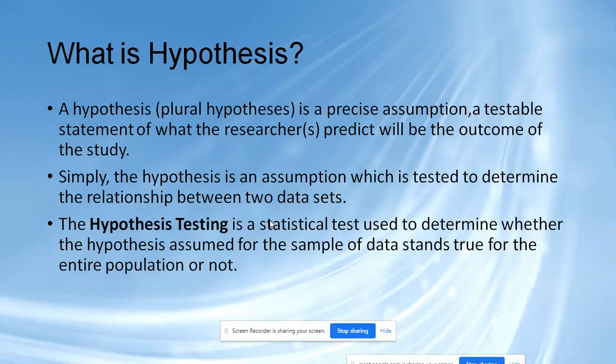In research, there is a population. Say for example you are conducting a study on consumer behavior with respect to online shopping. So who is your customer? Those who are visiting your website, and those also who are not visiting your website, they can be your prospective customers.